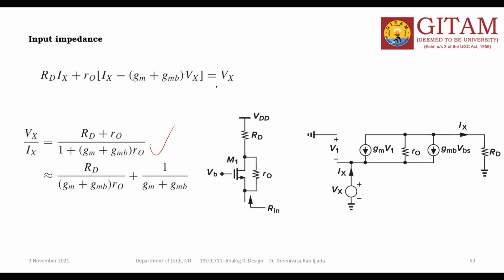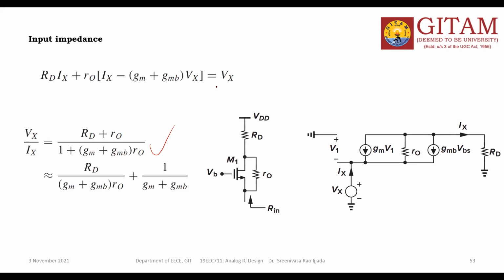If 1 is far less than GM plus GMB into R naught, leave it. Then you got R naught by GM plus GMB into R naught, the entire thing. Then R naught will cancel, and 1 by GM plus GMB remains. Your input impedance whenever RD is 0 is how much? 1 by GM plus GMB.